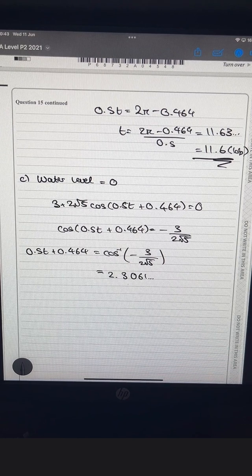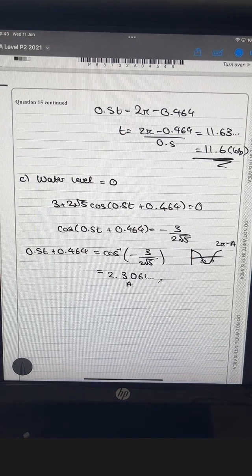Now I'm going to find the next time where it touches the water level. If I look at my cos graph, there are two solutions. So I'm doing 2 pi minus A. If I put in my calculator 2 pi minus A, I get 3.977, and so on.